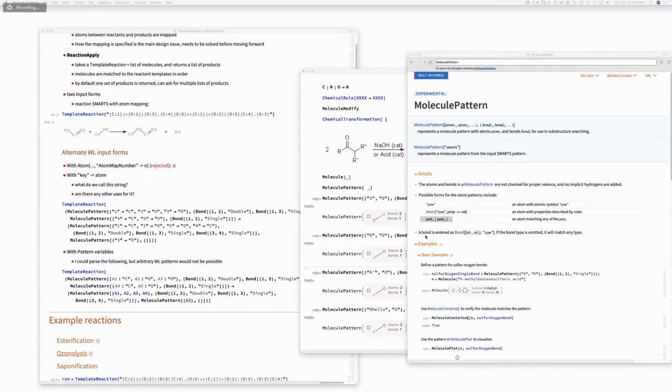So in a molecule pattern, you could specify an atom as being carbon or nitrogen. Okay, you've got alternatives. I said that already. In addition to alternatives, do you have wildcards? Yes. Okay, but you just told me you can put an R into molecule as well. So what's the difference between an R in molecule and an R in molecule pattern?